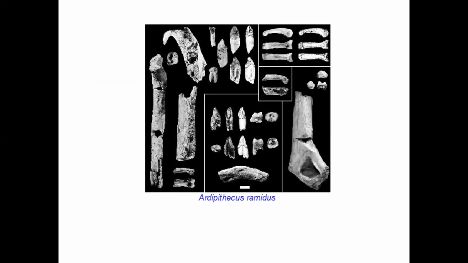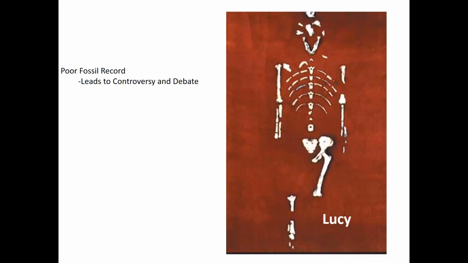And so what you're actually looking at here is only fossils of the oldest known hominid. Okay, so this is the oldest known human ancestor. That's an ape, but it's one of our direct ancestors, a hominid. And so you can see it's not a complete skeleton.